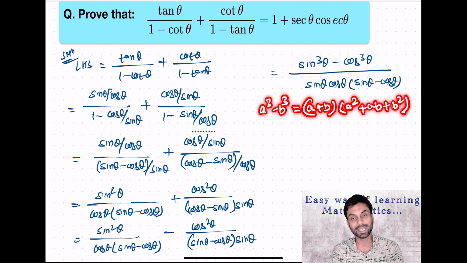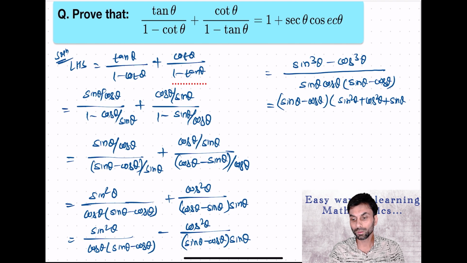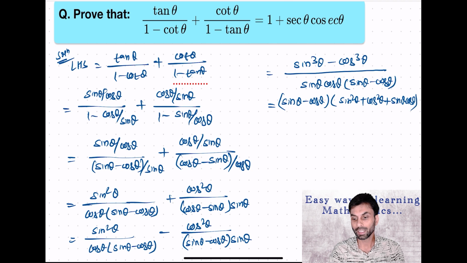If we use that identity on sine cube theta minus cos cube theta, we will get sine theta minus cos theta into sine square theta plus cos square theta plus sine theta into cos theta, divided by sine theta into cos theta into sine theta minus cos theta.